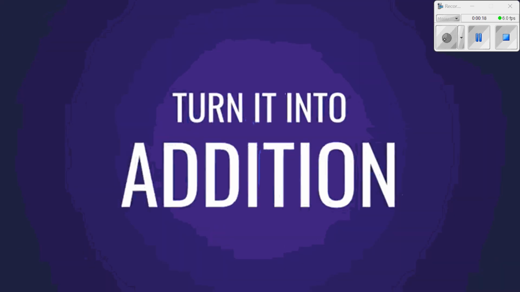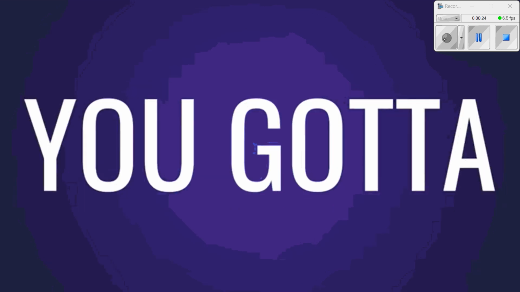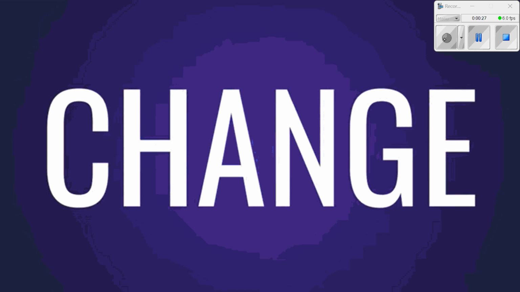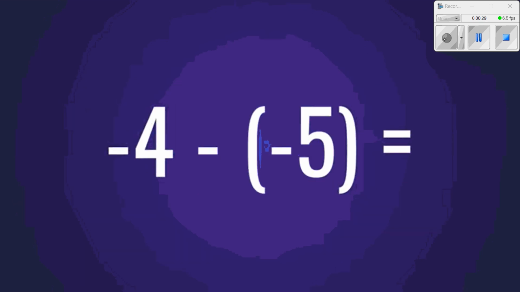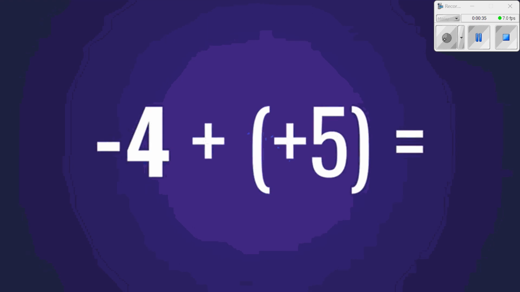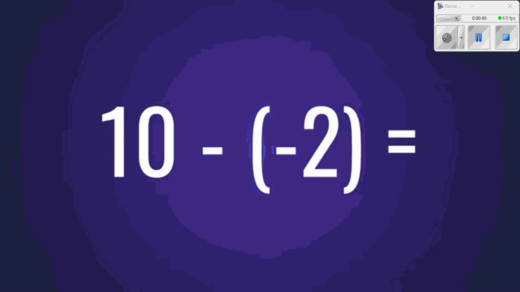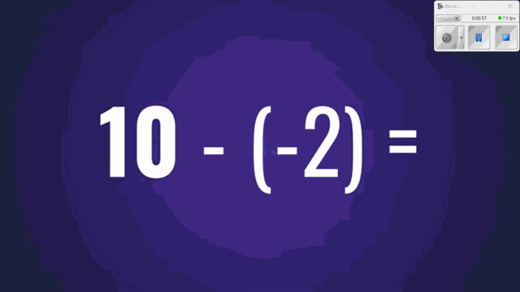If subtraction got you down, turn it into addition. It is my mission, this musician, learning through repetition. You gotta keep, change. Too many minus signs can drive me insane. Even though it's addition, your answer will be the same. Step 1, keep the first number the same.